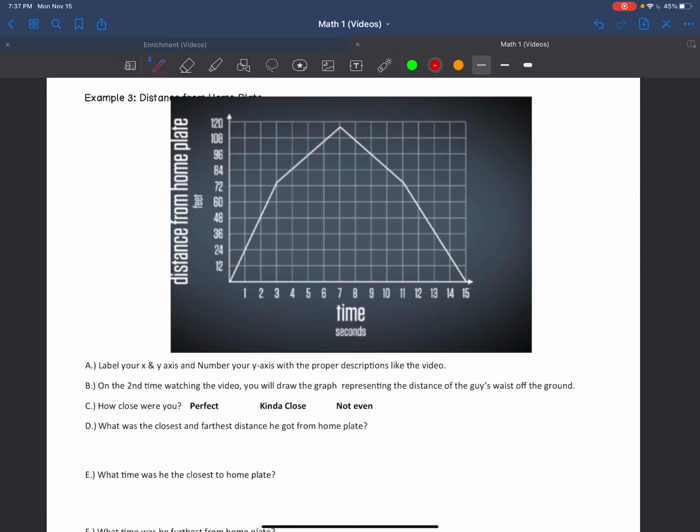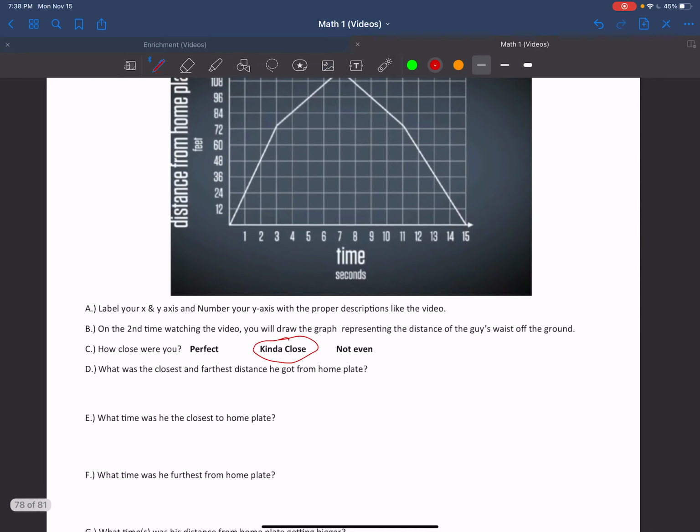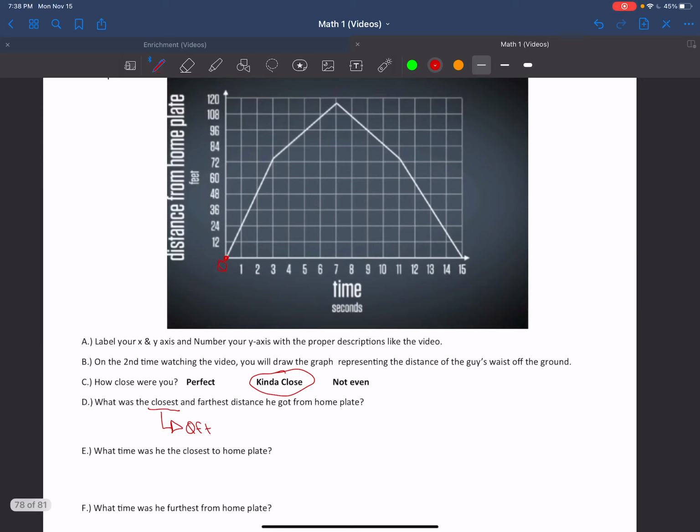So once again, mine was kind of close, not exactly. So when was he the closest? What was the closest distance he was from home plate? Well, the closest he was 0 feet away, right? That's as close as you can get. In the next one, when was he the furthest? Well, the furthest is up top here.